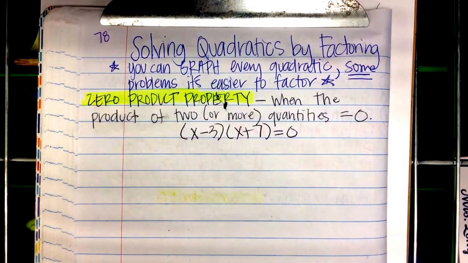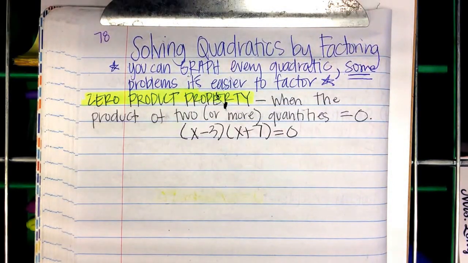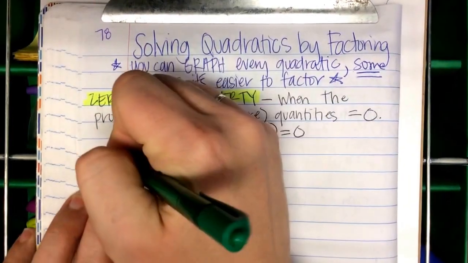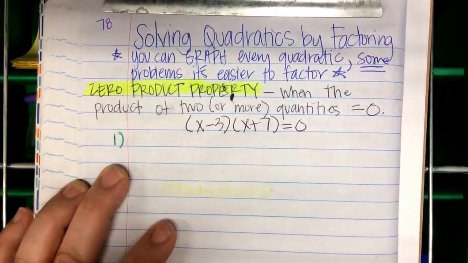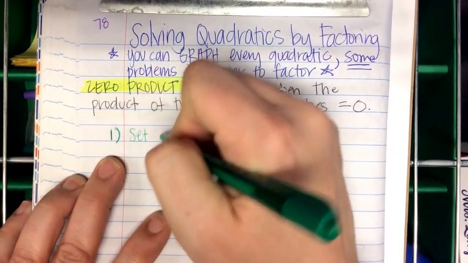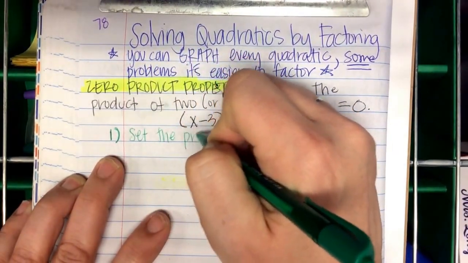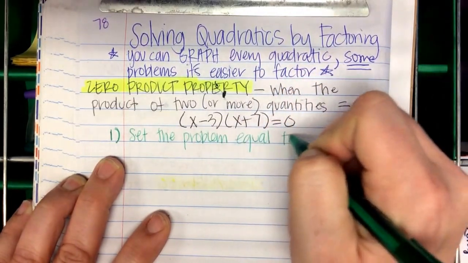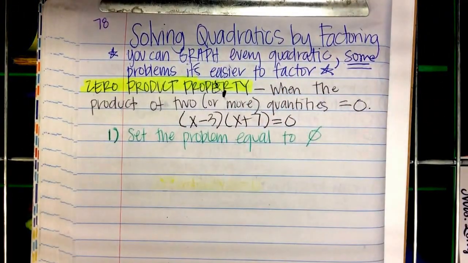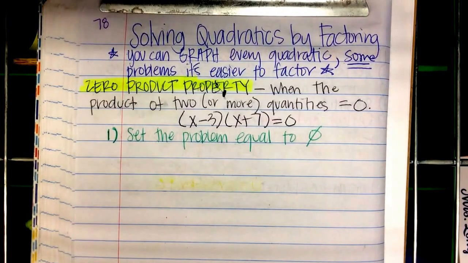So how are we going to use this idea for our assignment? Step 1. Set the problem equal to 0. Which, in fact, we did a little bit yesterday when we were graphing, right?